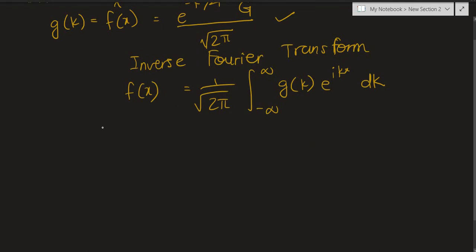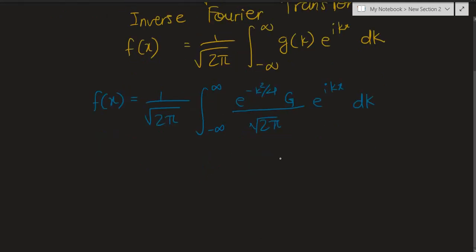So since we're inverting g of k, we obtain an f of x is nothing but 1 over square root of 2 pi times integral from negative infinity to positive infinity of what's g of k? It's just this expression, e raised to negative k squared by 4 times g divided by square root of 2 pi times e raised to ikx dk.